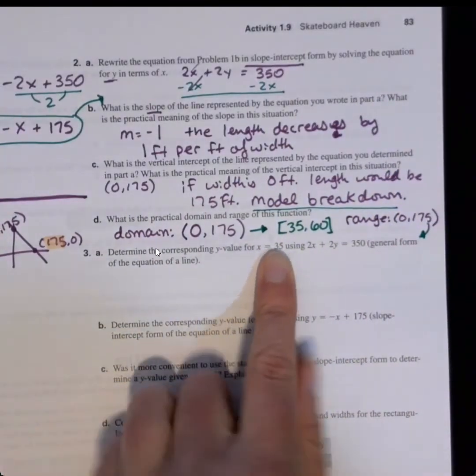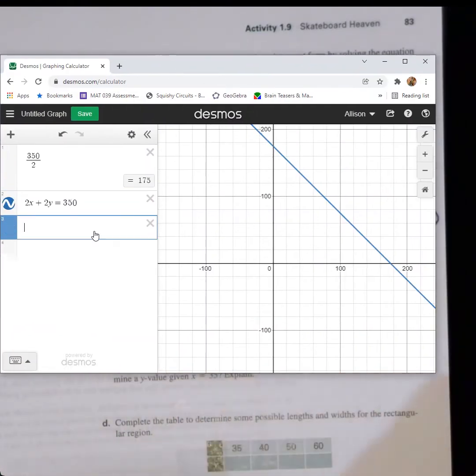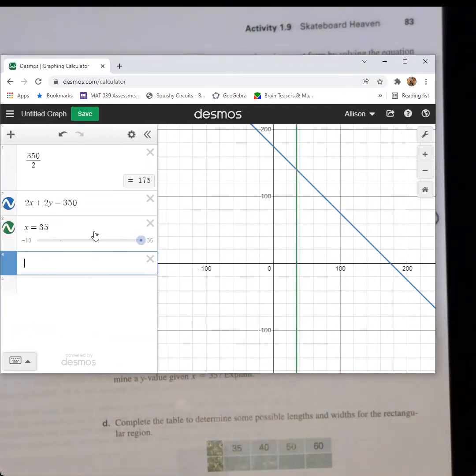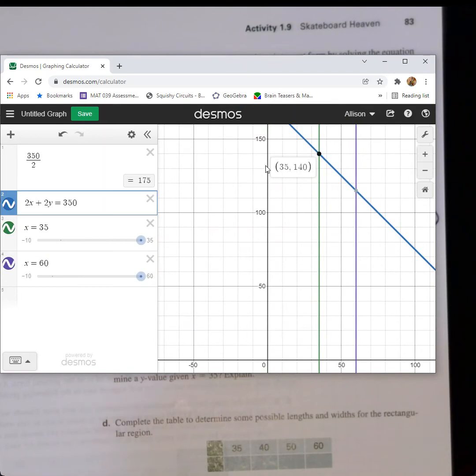Now it's not 35 and 60, however. 35 as an input value and 60 as an input value, we want to see where those match up, what the output values are for those. So 35 matches up with 140, 60 matches up with 115.